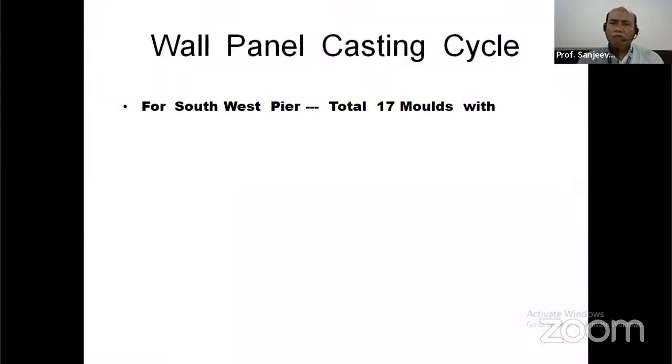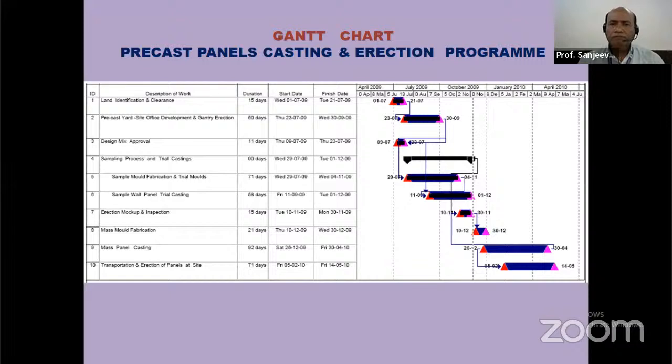So next, the wall panel casting cycle. For southwest pier, a total of 17 molds were to be prepared. So this was the precast wall panels casting and erection program worked out.